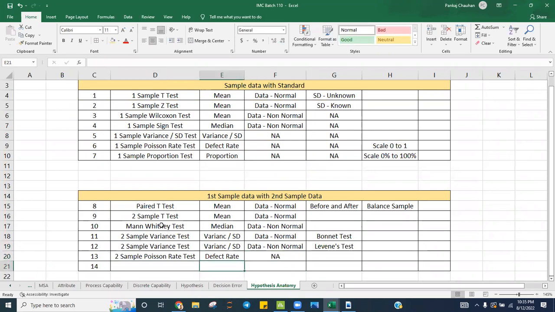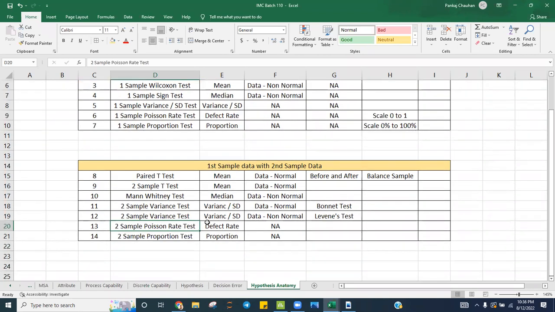Similarly, if you are looking for the proportion, then you will be using the two sample proportion test. All right, guys, clear? Any doubt or question, please ask me.